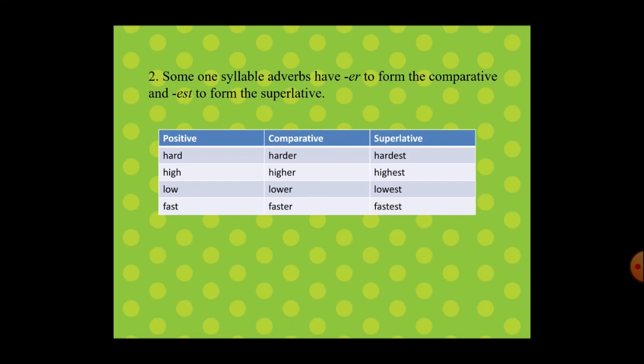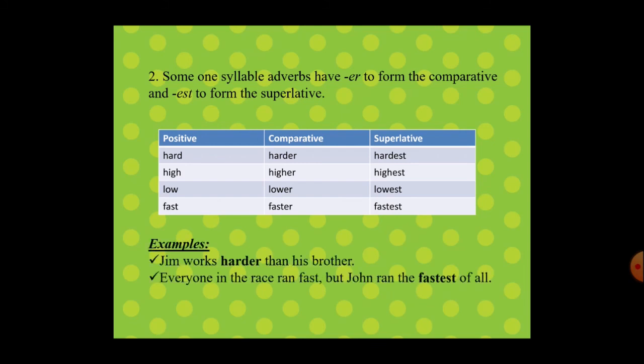High, higher, highest. Low, lower, lowest. Fast, faster, fastest. Here are a few examples. Jim works harder than his brother. Everyone in the race ran fast, but John ran the fastest of all.